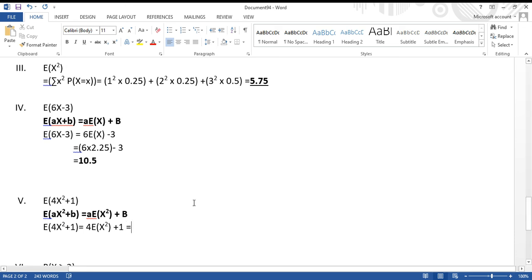We already got E(X squared) here, so we'll say 4 times 5.75, plus 1. So 4 times 5.75, that's 23, plus 1, 24. Approximately 22.88 plus 1, 23.88.